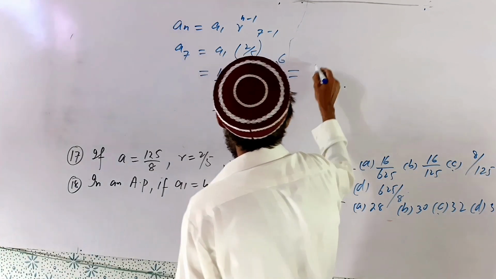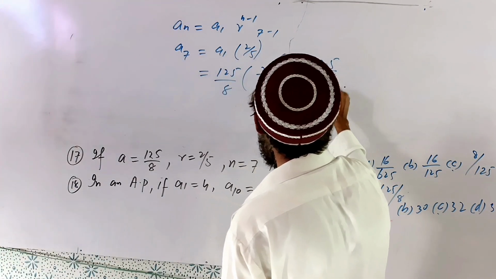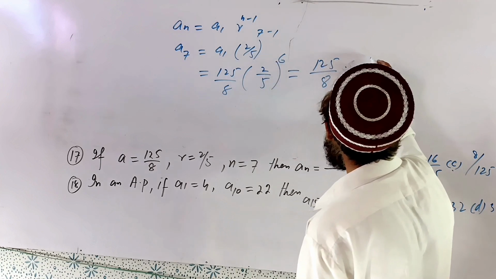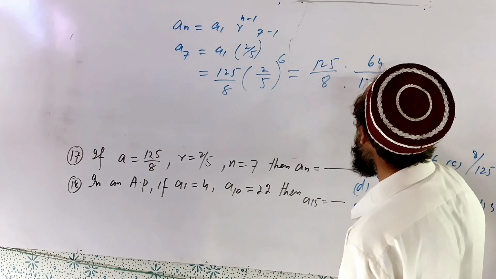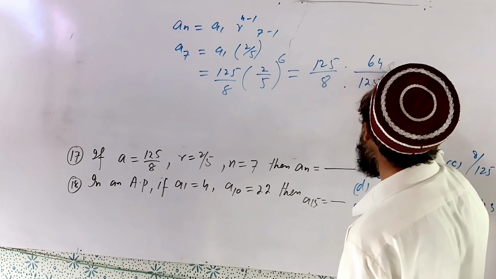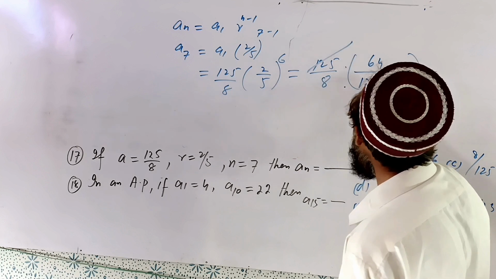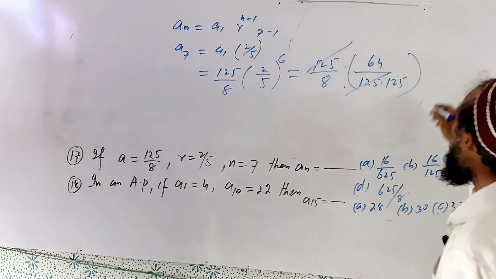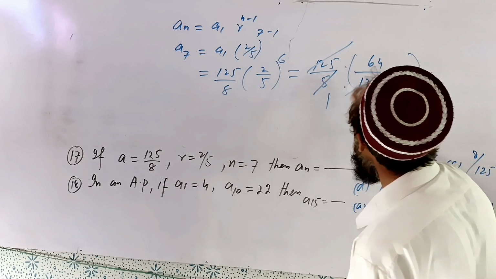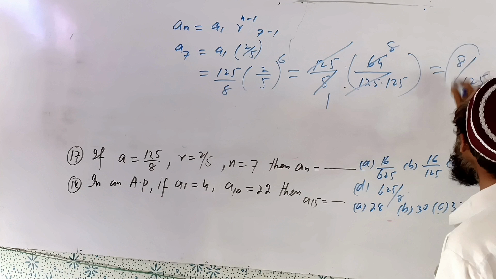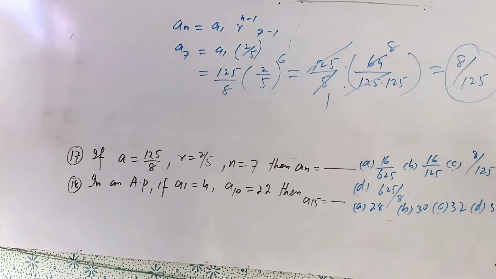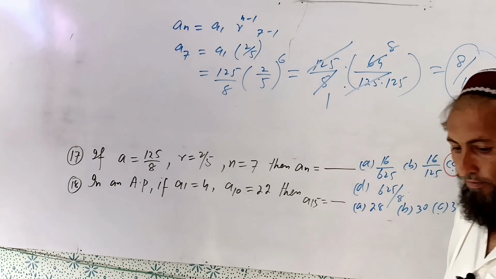If we expand this result, 125 divided by 8 and 2 power 6 is 64, and 5 power 6 is divided by 125 and 125. So 125 and 125 cancel each other, and 8 and 64 give 8. So we get 8 divided by 125 as the correct answer. Here option C is the correct option.